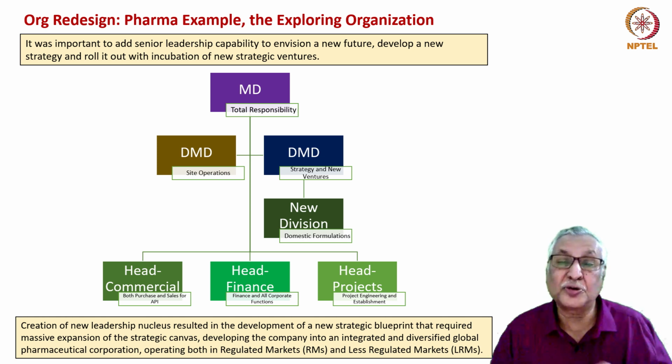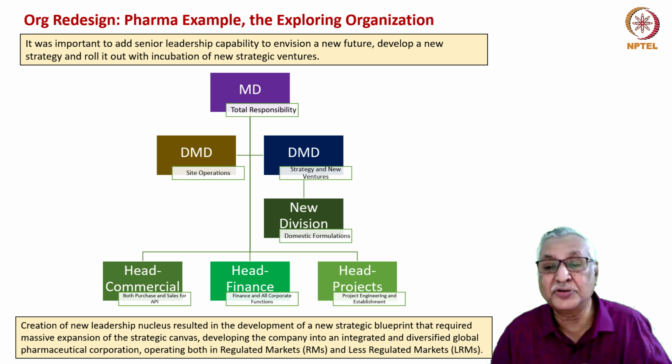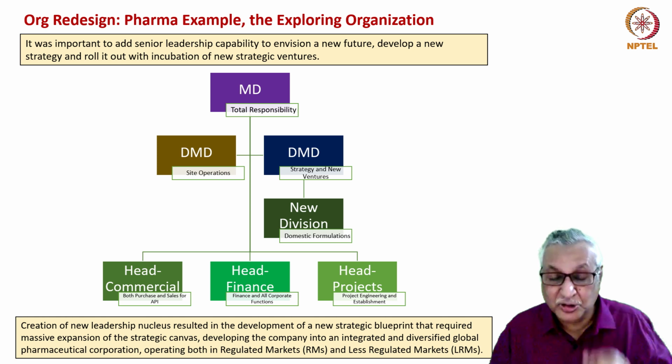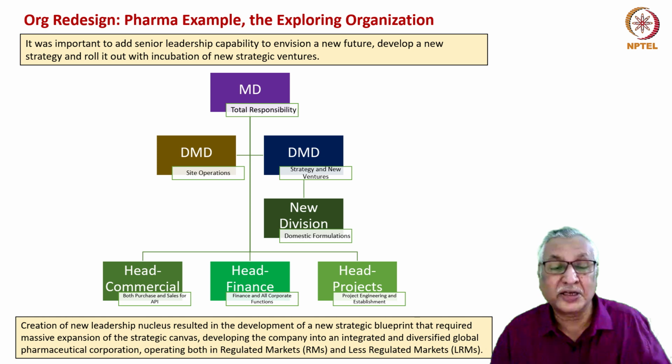MD continued to have total responsibility, but supplementing the DMD in the site operations, a new DMD for strategy and new ventures came in, which is the instructor. And that also brought forth a new division called Domestic Formulations Division, Orchid Healthcare, for bringing up the formulations business.